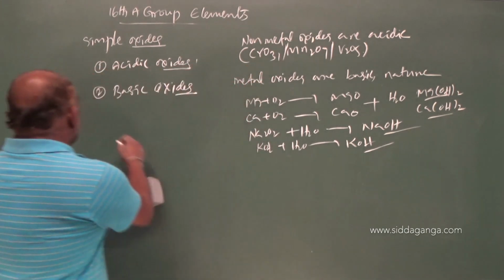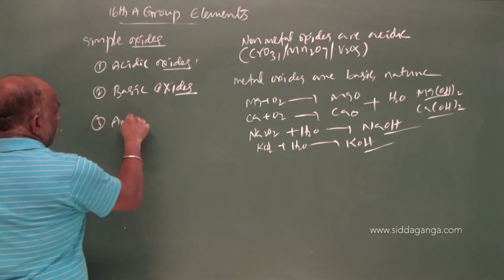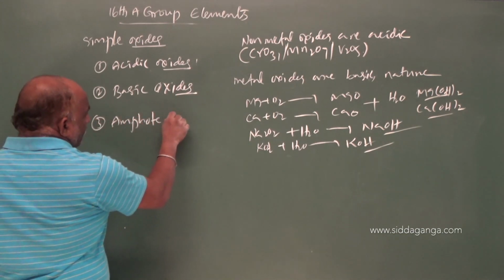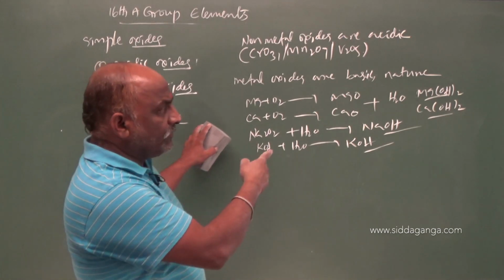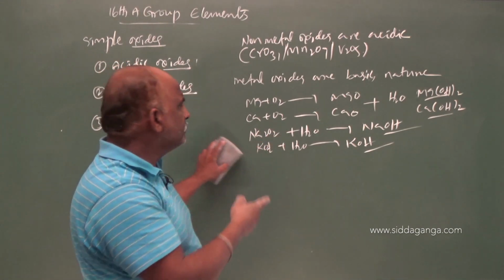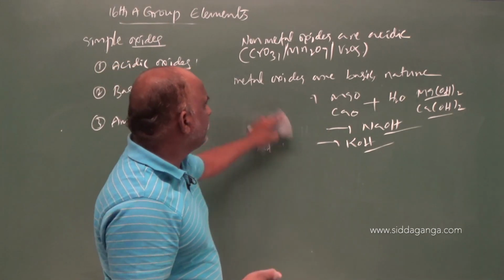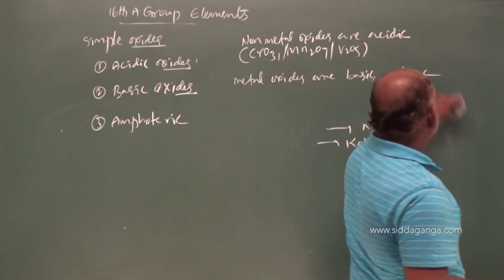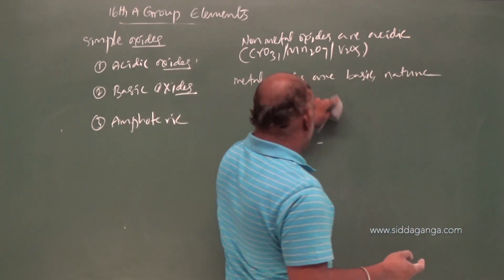So here, the third one is amphoteric. Make a note, this is a common example, and all of you already know this, so no need to take tension regarding it.